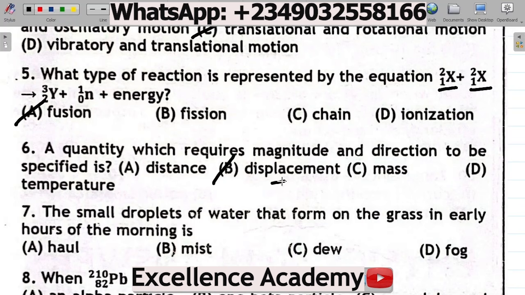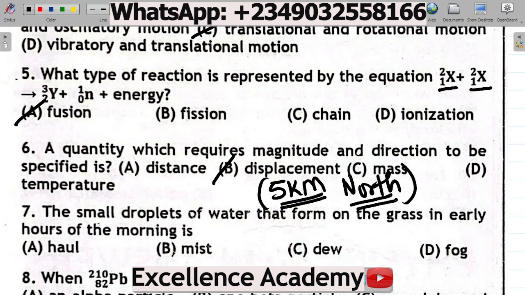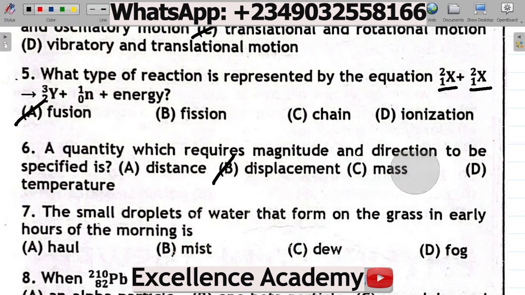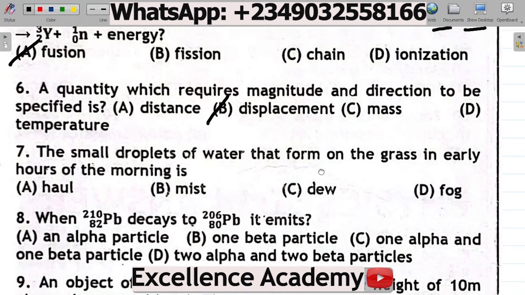For example, if a man travels 5 kilometers north, what I have here is the man's displacement, because I have the magnitude, which is 5 kilometers, the numerical value, and then the direction, which is north. So the correct answer to this question is displacement.